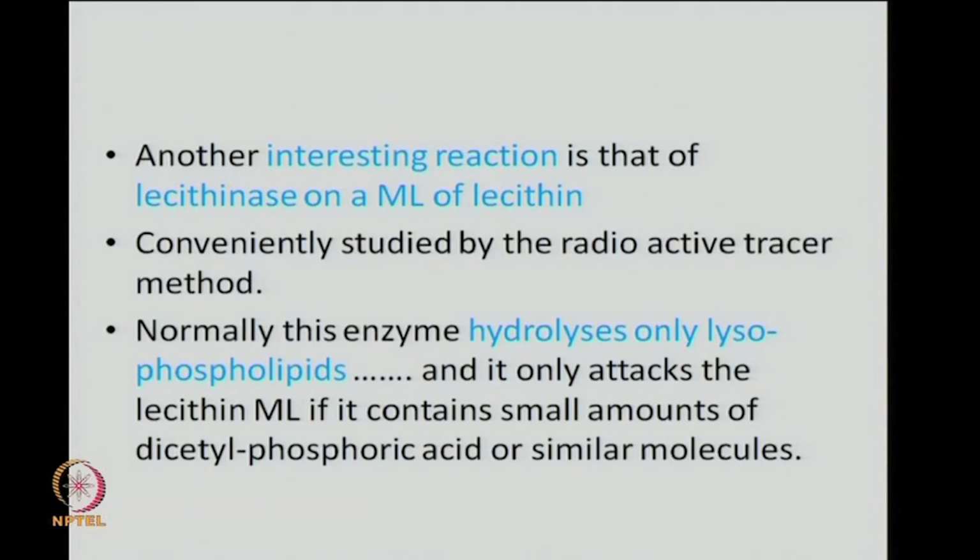Lecithinase on a monolayer of lecithin can be conveniently studied by the radioactive tracer method, and normally this enzyme lecithinase hydrolyzes only lysophospholipids, and it attacks the monolayer of lecithin only if it contains small amounts of diacetyl phosphoric acid or other similar molecules.